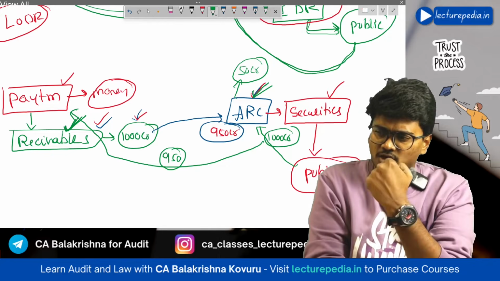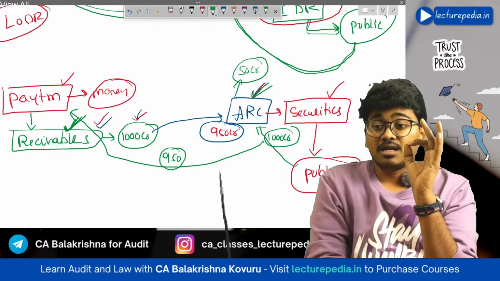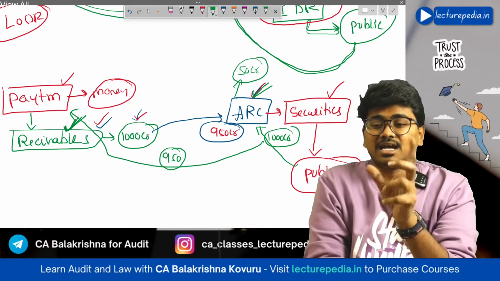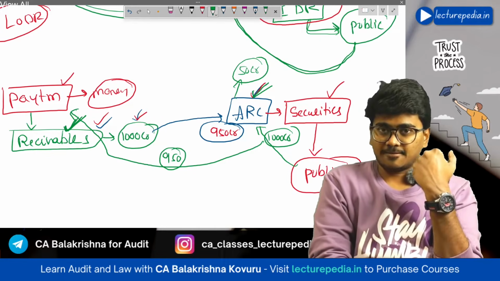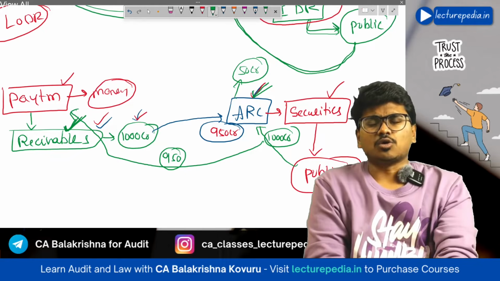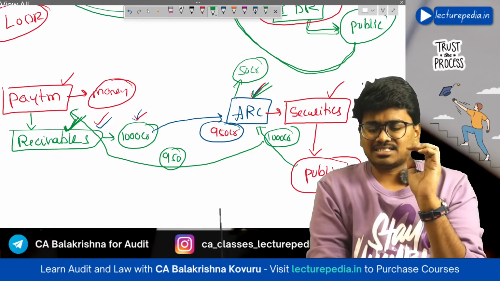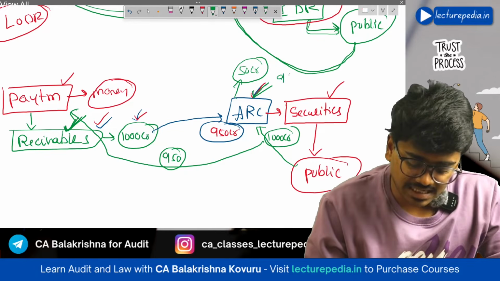I am waiving off 5 crores, you pay me 95 crores. Like this, by reconstructing the debt, the asset reconstruction company will realize the amount from the receivables. Let's say of the 1000 crore rupees of receivables, it has realized 980 crores.